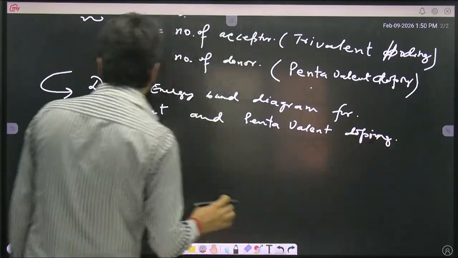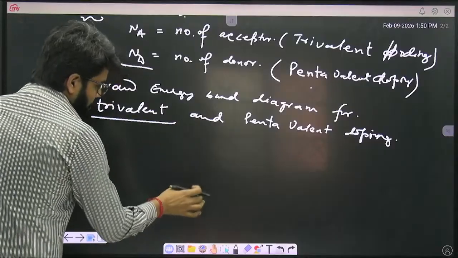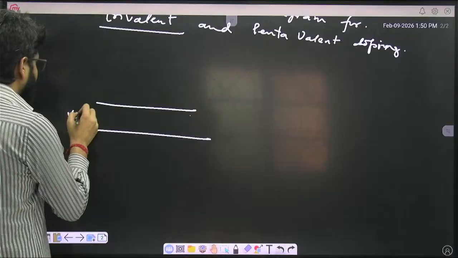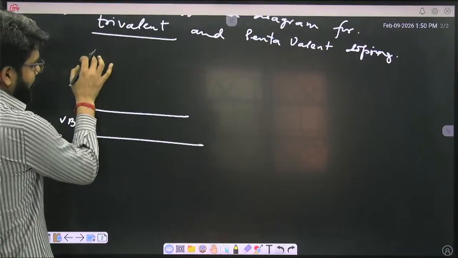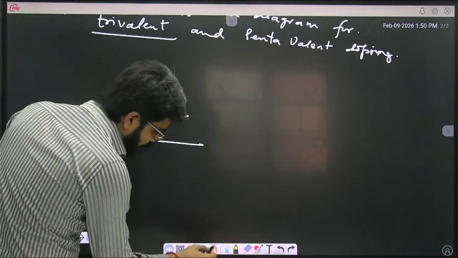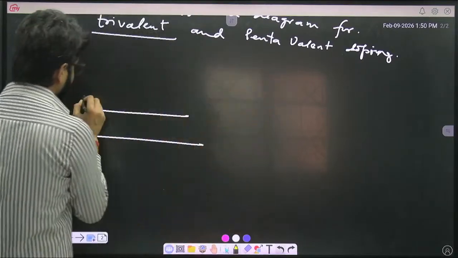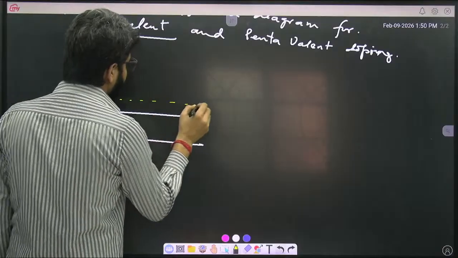So what will happen in trivalent doping? You already know, I'll just give you the flow. Here it is the valence band, and it is trivalent. So there will be another level of holes created here.